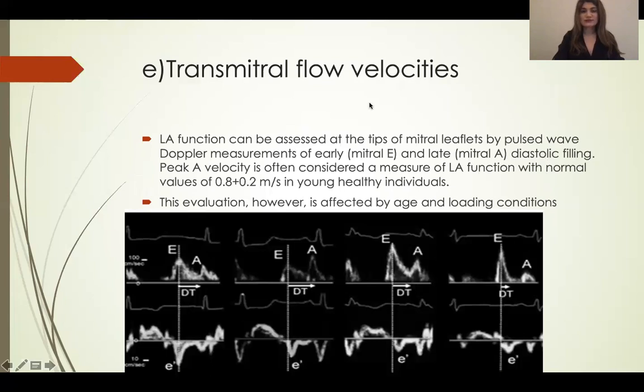Another method that we use in the clinics, one of the conventional methods, is to measure from the tips of the mitral leaflets by pulse wave Doppler, both the early mitral E and late mitral A velocities. E velocity reflects the conduit phase, and A velocity reflects the pump phase of the left atrium.